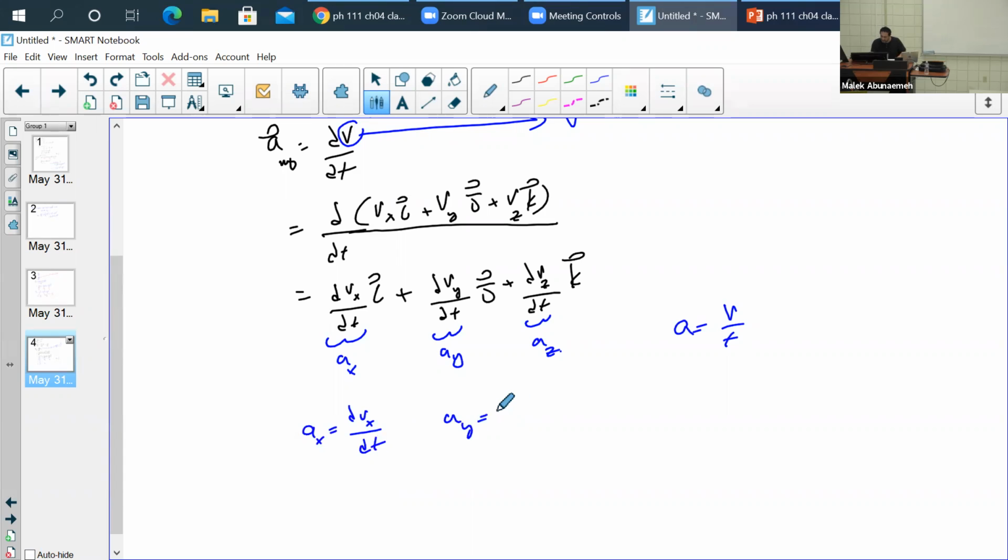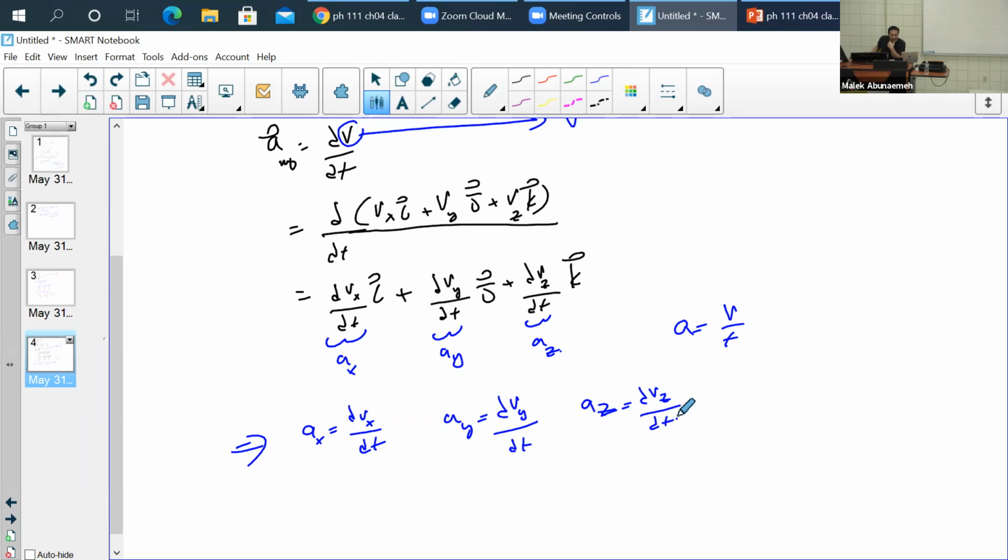It's the velocity in the y direction divided by dt, and the acceleration in the z direction is your velocity in the z direction divided by dt. And this is going to be your acceleration for your x direction, y direction, and your z direction.